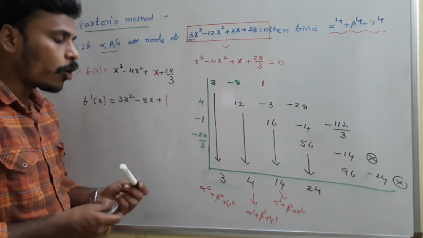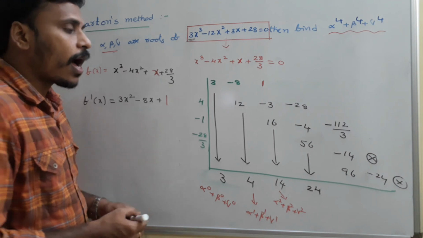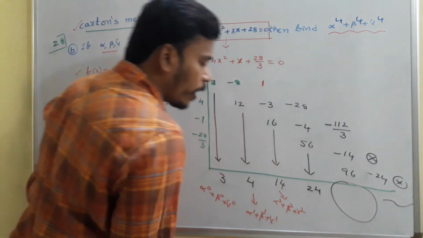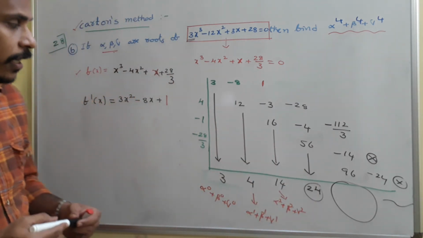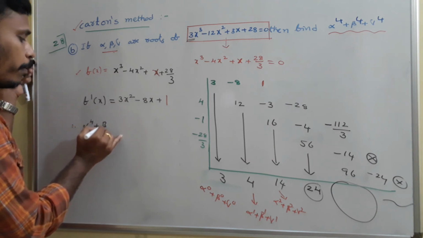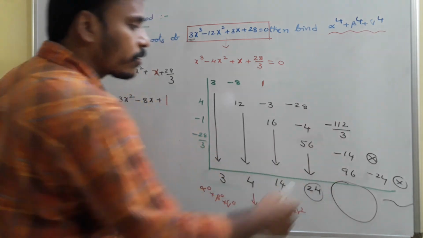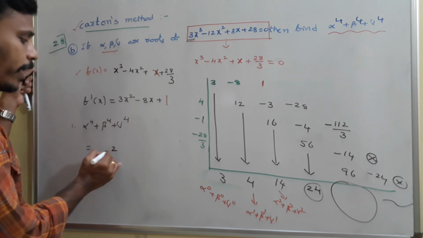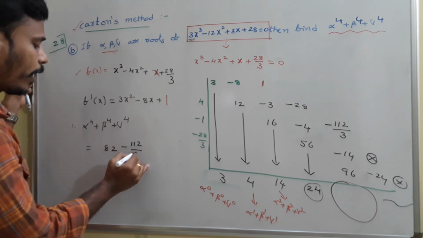Since I need only alpha power 4 plus beta power 4 plus gamma power 4, I need to concentrate on this particular value. I don't need all these values, and this is alpha cube plus beta cube plus gamma cube. At the end, the required value, alpha power 4 plus beta power 4 plus gamma power 4, equals, we need to add all these things. So 96 minus 4, 6 minus 4 is 2, 9 minus 1 is 8. 82 minus 112 divided by 3.